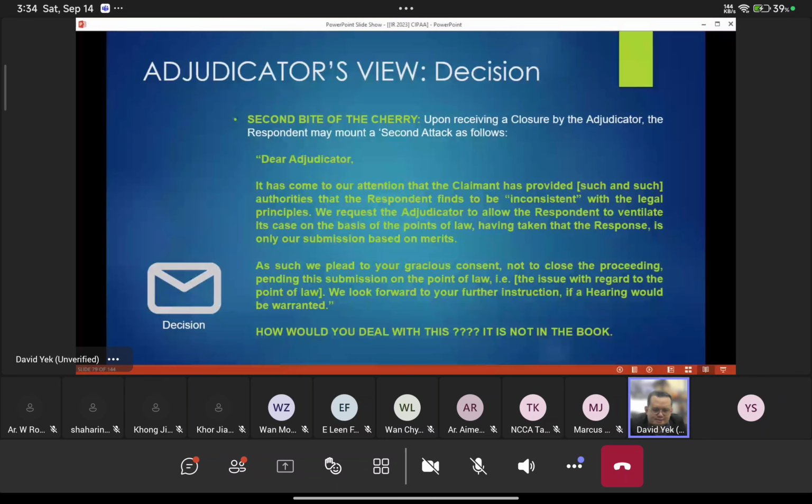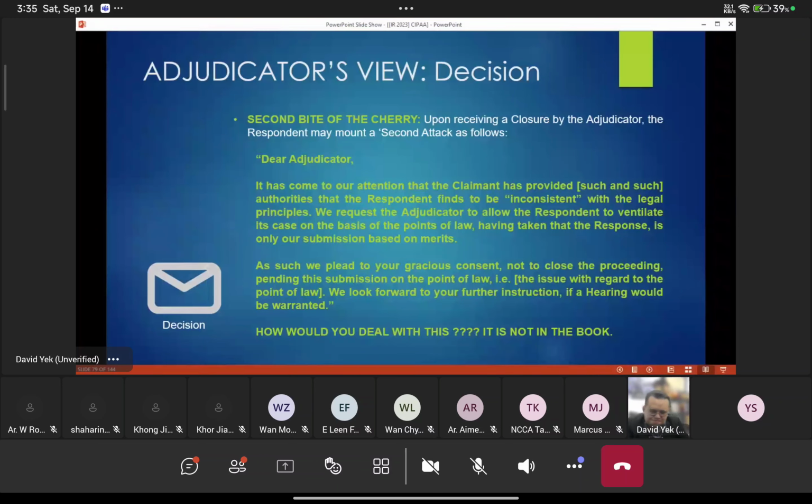You put down there: Dear adjudicator, it has come to our attention that the claimant has provided such and such authority that we find to be inconsistent with the legal principle. Okay, now this guy attacks not on the evidence. Now he's saying he wants to attack in terms of the legal principle, a legal argument. We request the adjudicator to allow the respondent to ventilate his case on the basis of points of law, not merits.